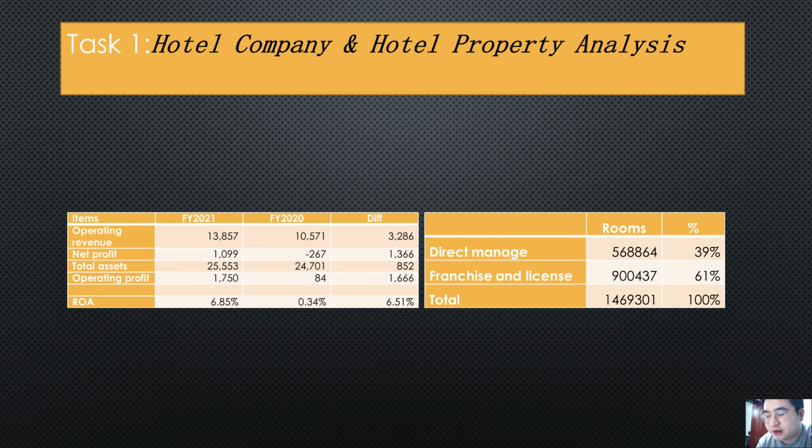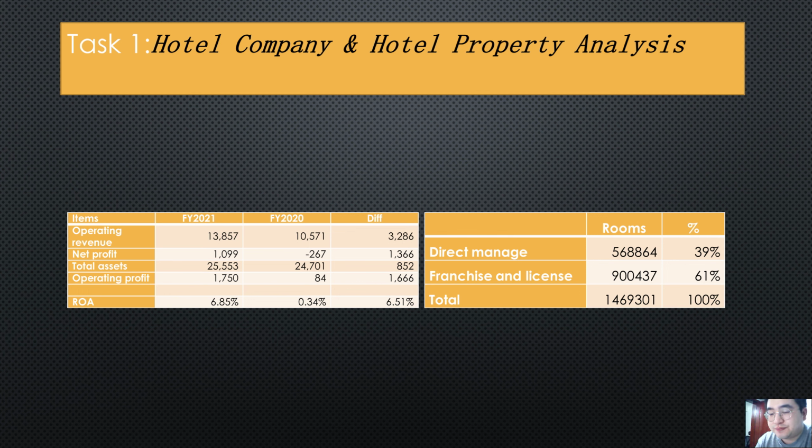And it also had 5,880 franchise and licensed properties, with over 200,000 rooms under the operation of the franchising and licensing partners. In short, from the proportion of the rooms, about 39% of the room resource is under direct management, and 61% of the room resource is under franchise and licensed partners' management.